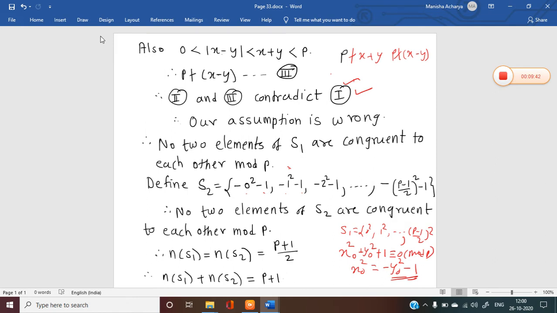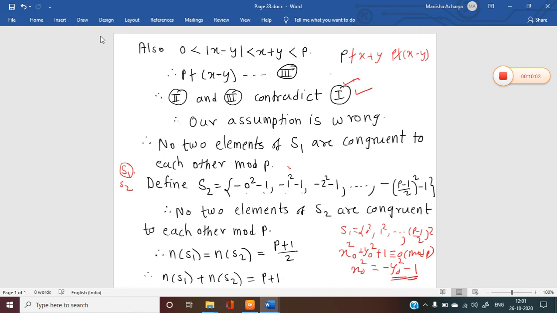Okay, so here you have to remember these two steps, how to define S1 and S2. So we have already shown in S1 that no two elements of S1 are congruent to each other modulo p, and S2 also contains the same types of elements, okay, with the -1.